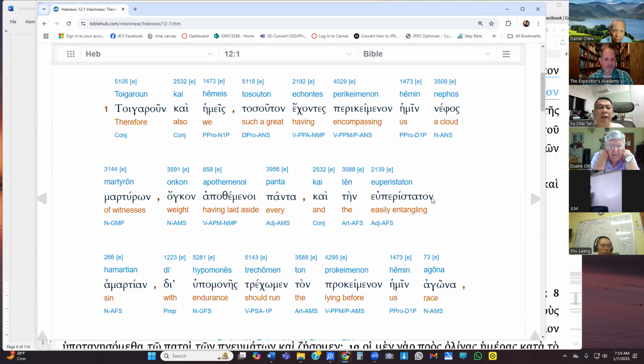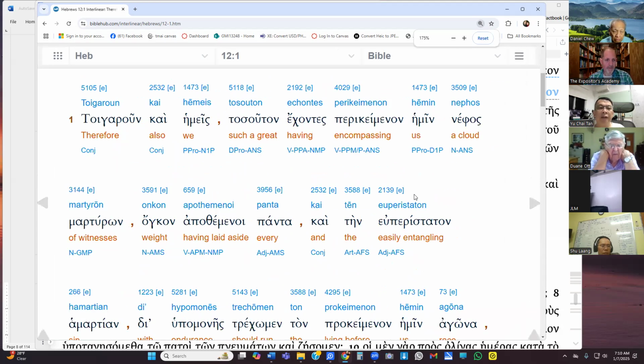All right. Hopefully you can see this. Let me make it a little bigger. So the Greek text is in the middle, and then you have the literal translation from this interlinear version here.